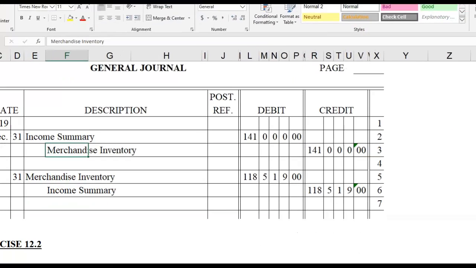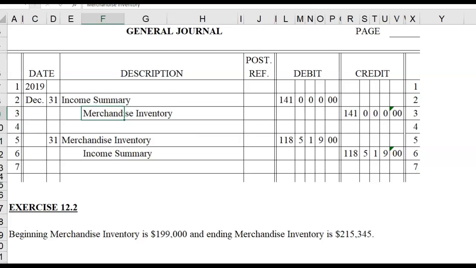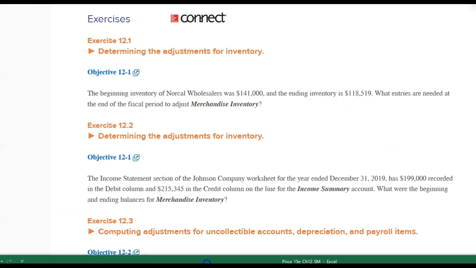So, easy. The beginning merchandise is 199 and the ending merchandise is 215. The beginning merchandise is 199 because why? Because that's what we had to close out in the income summary account. And then the new, that's what we had to close out, I'm sorry, in the merchandise inventory account.